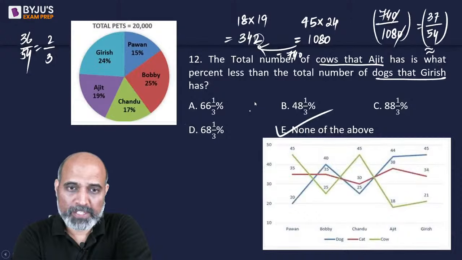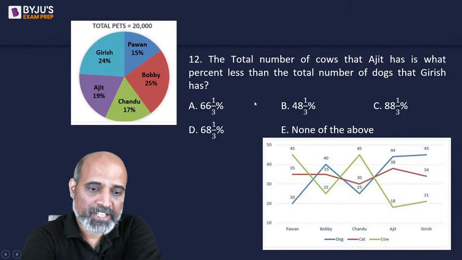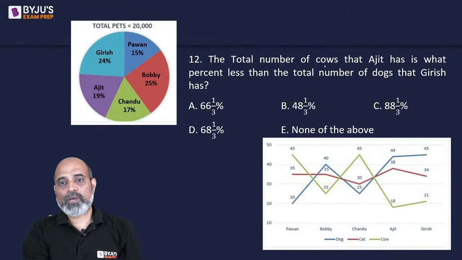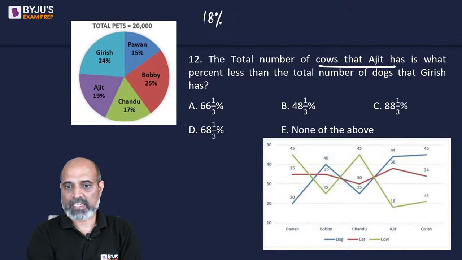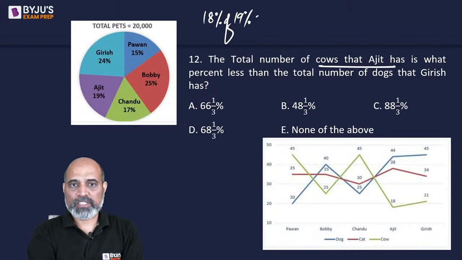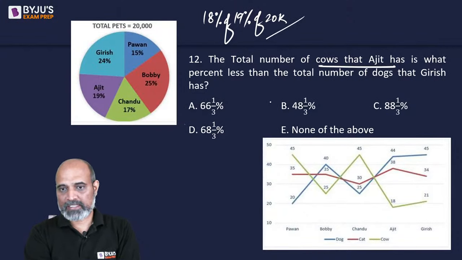Angela, question number 12. Okay, I will recheck this. Total number of cows that Ajit has. So the total number of cows that Ajit has is 18% of 19% of 20,000. And the number of dogs that Girish has.